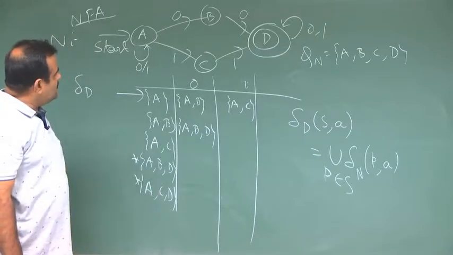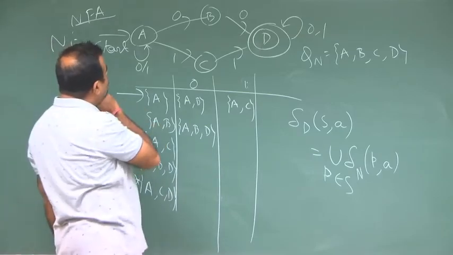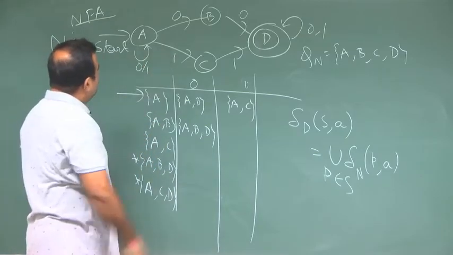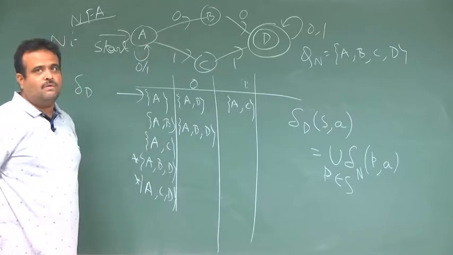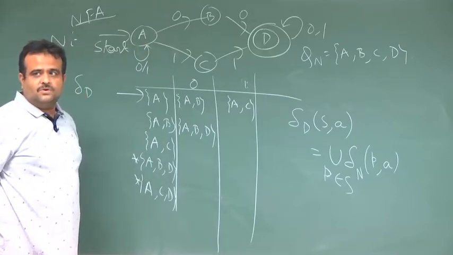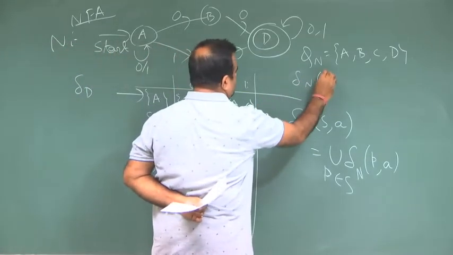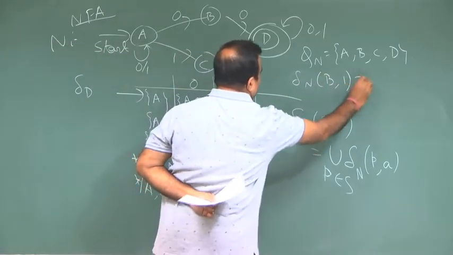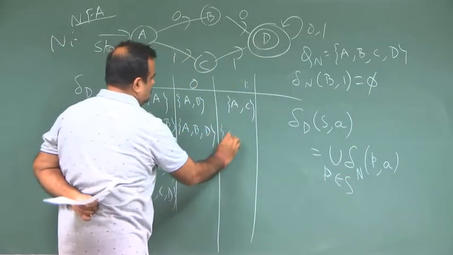And then similarly from AB with the 1 move, from A we can go to AC, and from B there is no move with the 1 move. So, delta n of B comma 1 is empty. So, empty along with AC is AC.